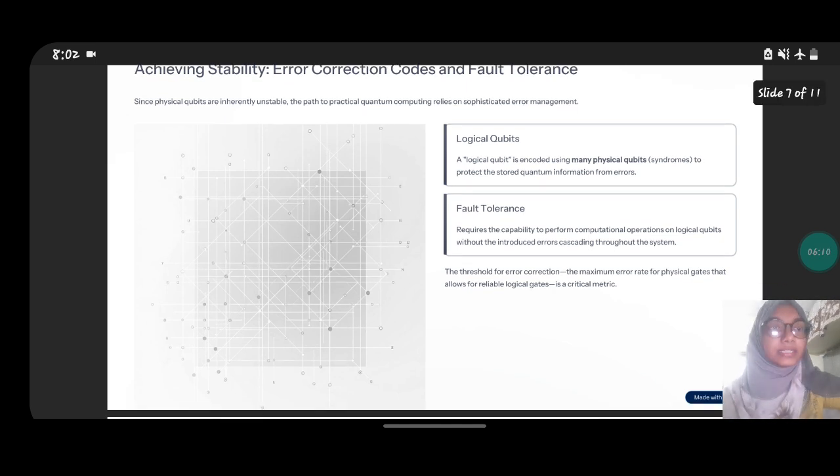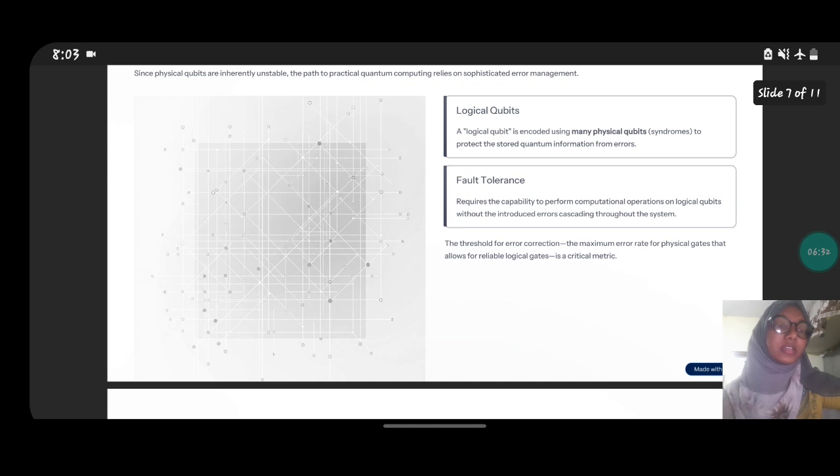In quantum, we have logical qubits and fault tolerance. A logical qubit is encoded using many physical qubits to protect the stored quantum information from errors. And fault tolerance requires the capability to perform computational operations on logical qubits without introduced errors cascading throughout the system.